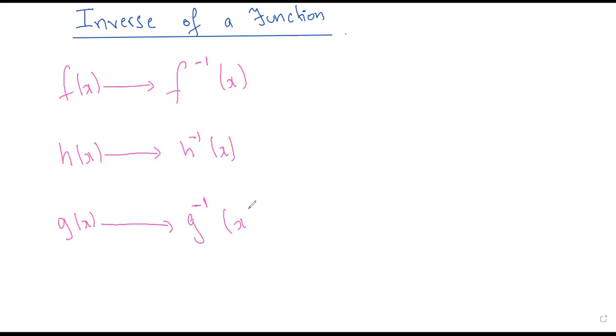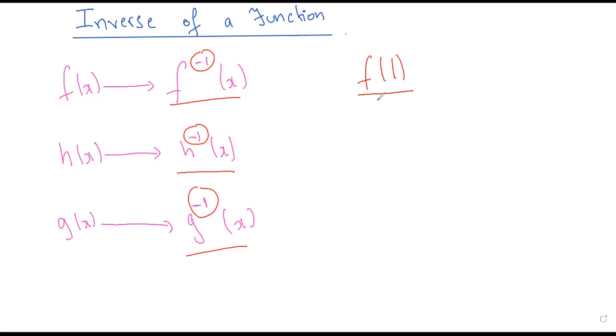So we are adding this, and then we are basically trying to talk about the inverse of any function, right? So this is the only difference. Never ever get confused between inverse of a function and a function directly. So f of 1, this is basically the function.